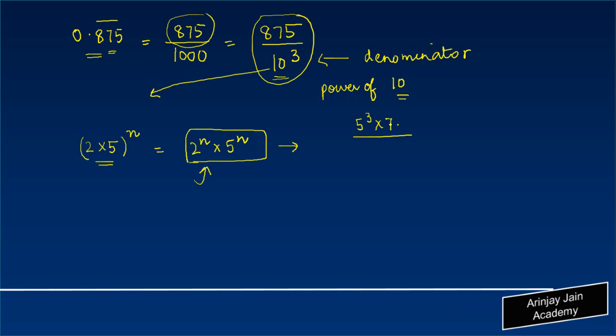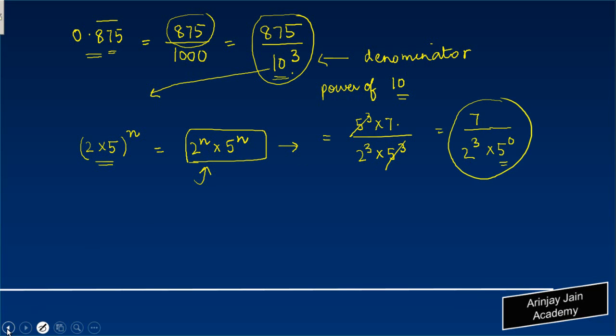And in the denominator, we have 2 to the power 3 times 5 to the power 3. When you cancel these out, you get 7 upon 2 to the power 3. But since the denominator has to be mentioned as a power of 2 and 5, I can simply write this as 2 to the power 3 times 5 to the power 0, which is nothing but 1.